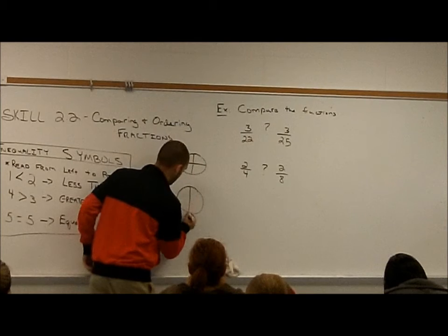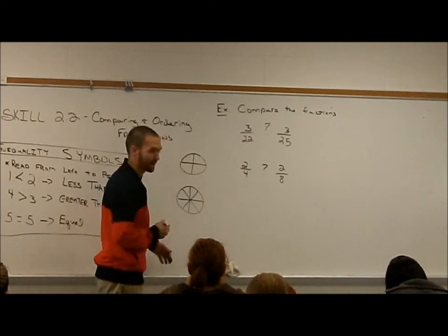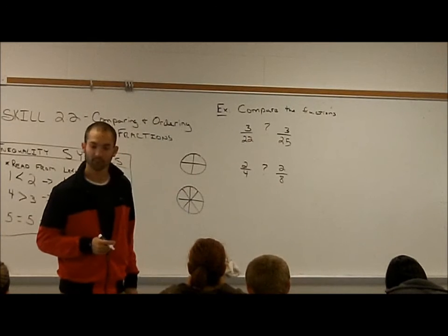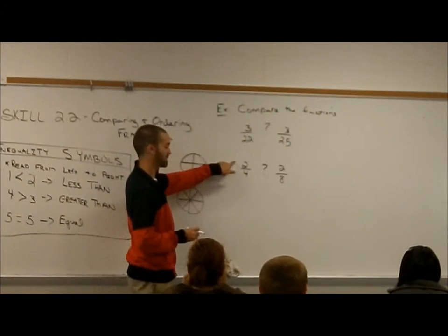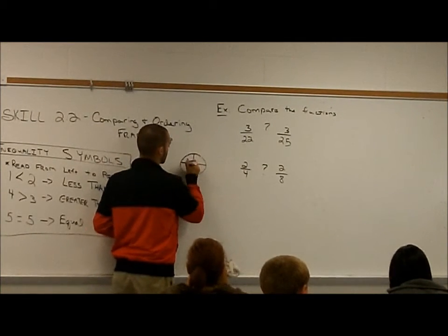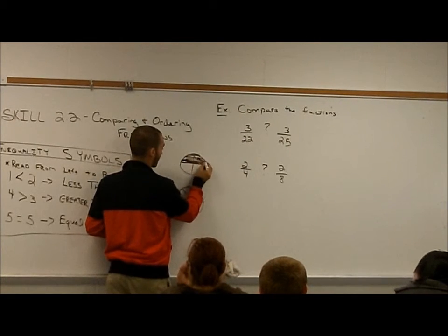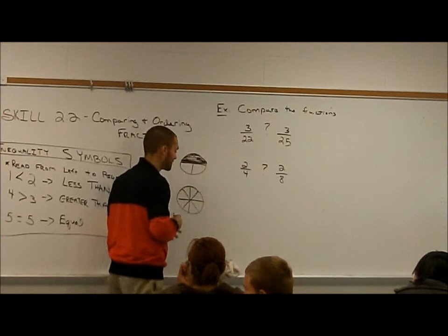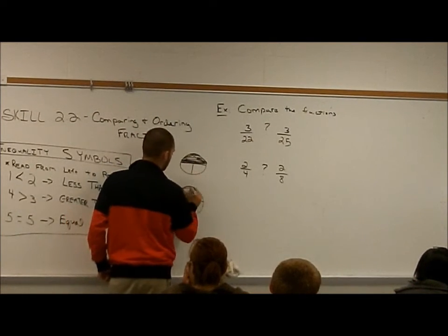Is that 8 slices? Yeah. So, how many slices did Easton eat for this pizza? 2. So I shade in 2. How many did Keisha eat in this pizza? 2. So I only shade 2.